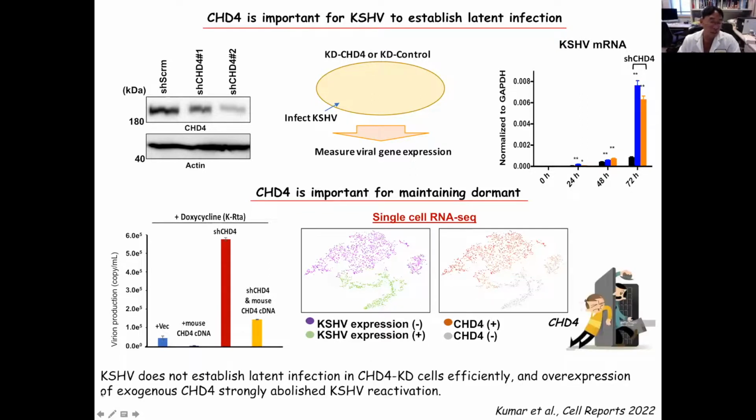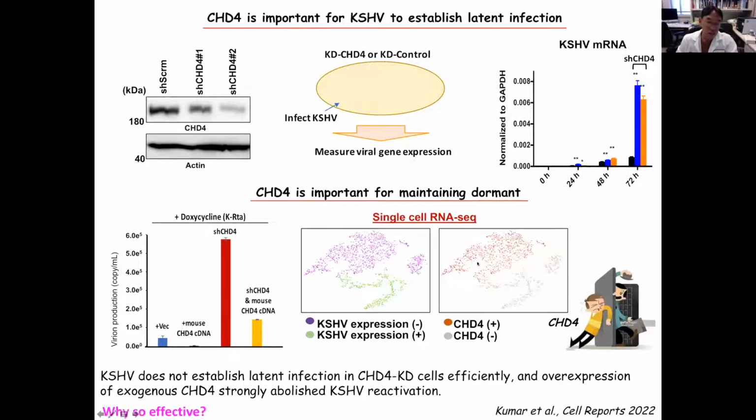So these suggest that KSHV does not establish latent infection efficiently in the CHD4 knockdown cells, and overexpression of exogenous CHD4 strongly abolishes KSHV reactivation. We recently reported this in Cell Reports.